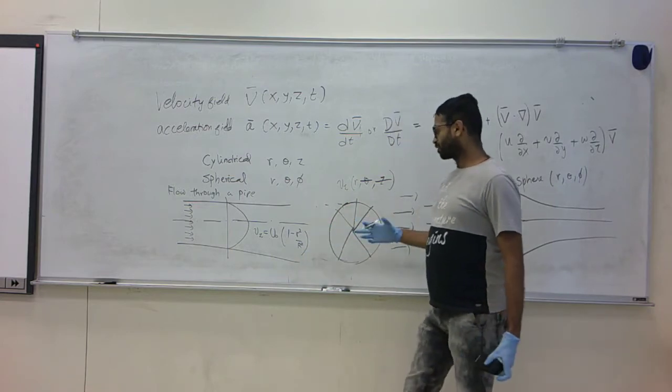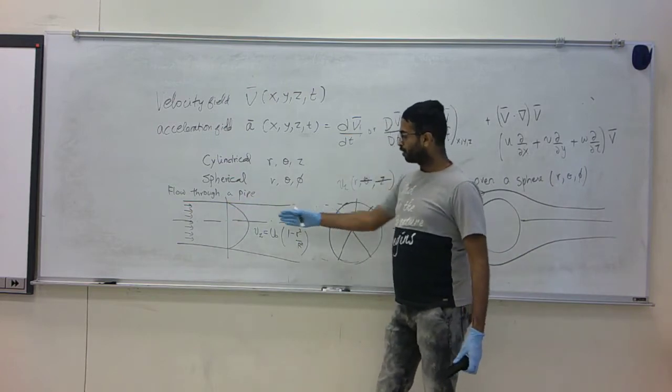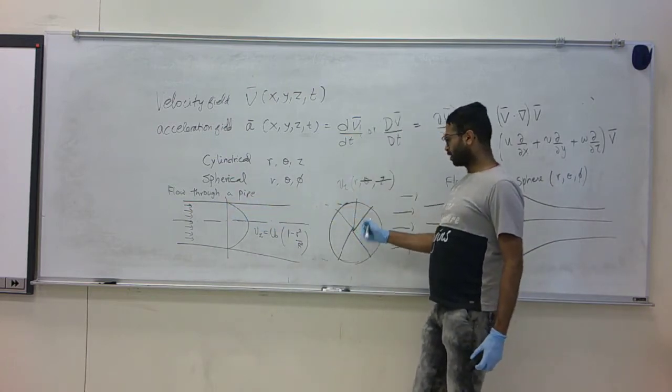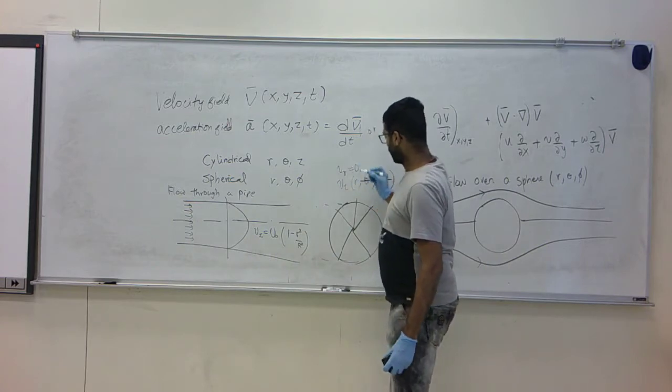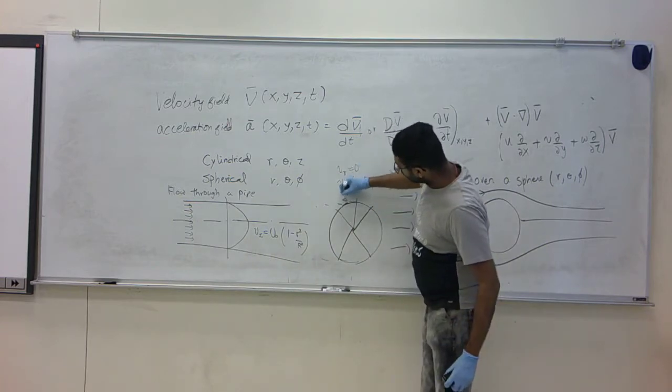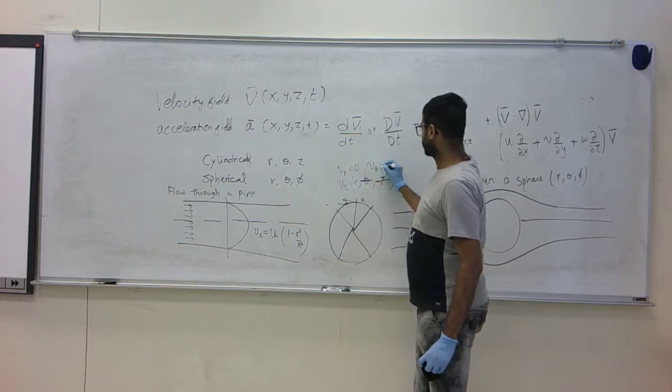And the other two velocity components: the radial velocity, that is, if you have a pipe flow, the flow is taking place along the axis, so the radial velocity is 0, and there is no velocity perpendicular to the radius either, so the tangential velocity is also 0.